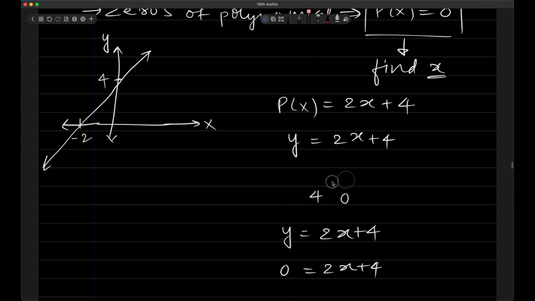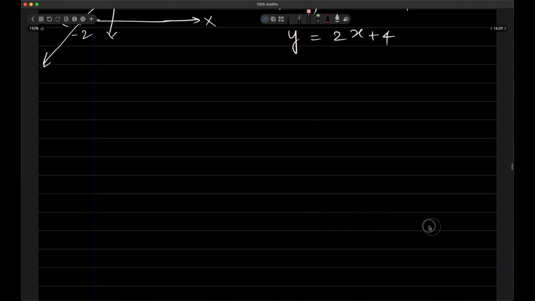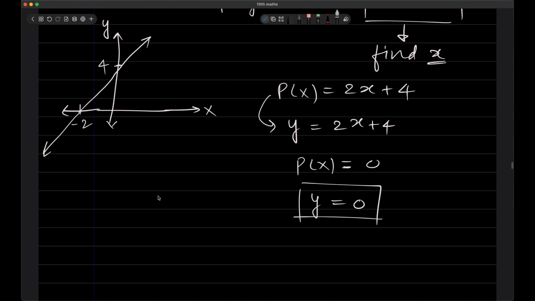Now for zeros of the polynomial, we put p of x equals to 0. That means we can replace p of x by y. That means for zeros of the polynomial, we have to find the curve points where y equals to 0.